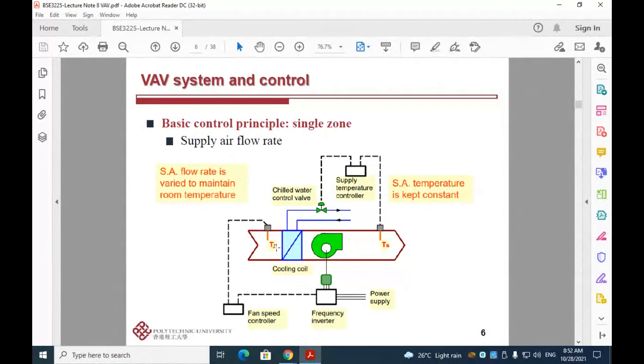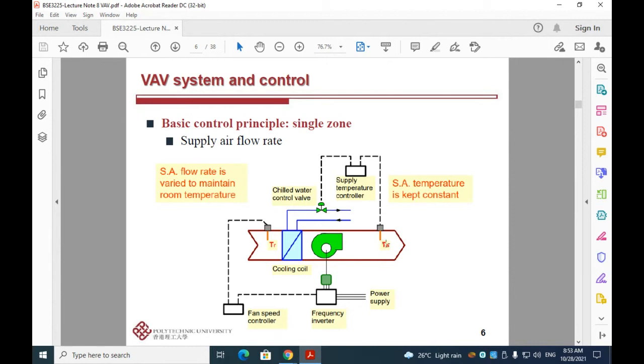And then since the airflow rate is reduced, we will know that the temperature difference between the return air and the supply air will be increased. So that means if the flow rate of the chilled water and its temperature are maintained the same, when you reduce the airflow rate, then your supply air temperature will be dropped. For example, it will be dropped from 14 degrees to only 12 degrees.